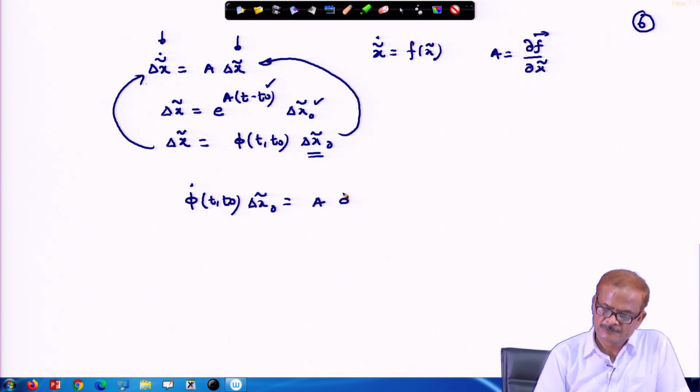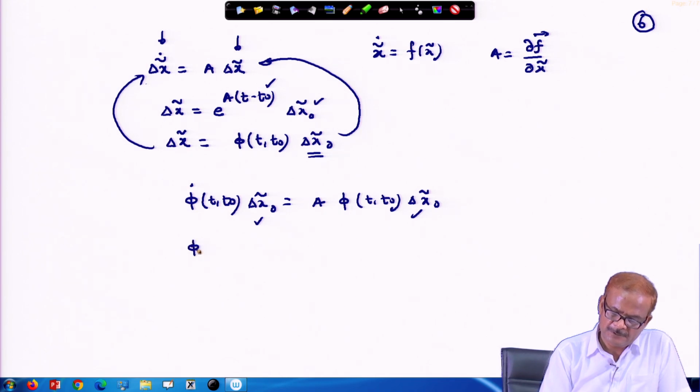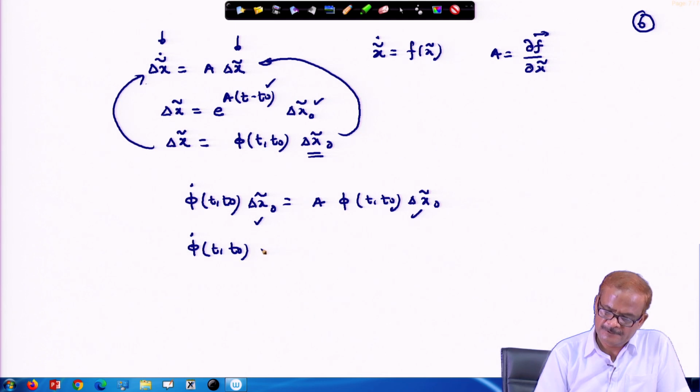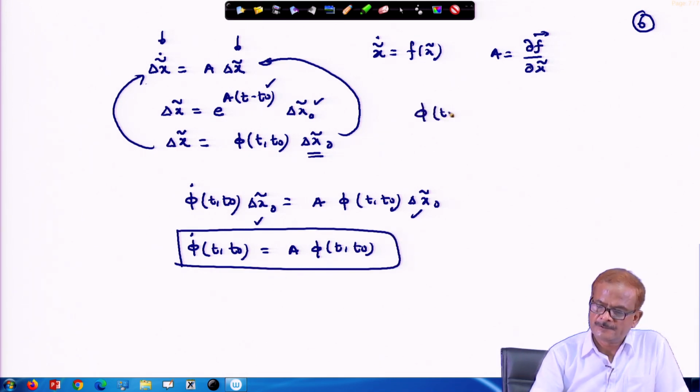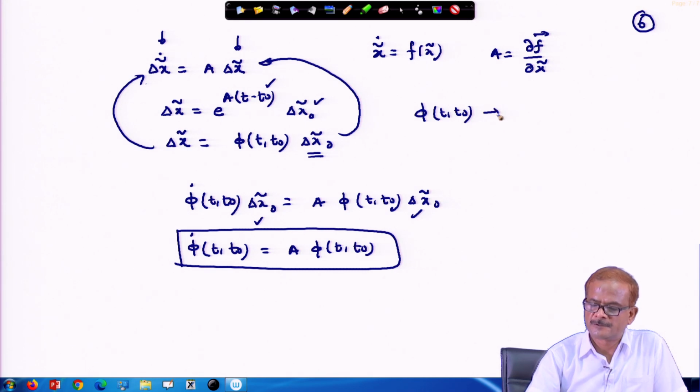So, this gets reduced to A times phi t t 0 delta x tilde 0. Since delta x tilde 0 is not equal to 0, therefore phi dot t t 0 equal to A times phi t t 0, where phi t t 0 is your transition matrix.